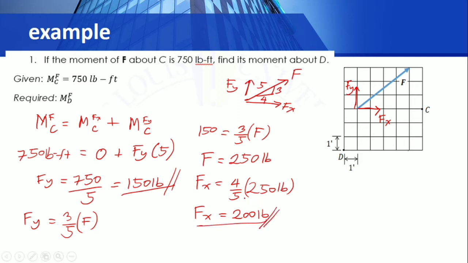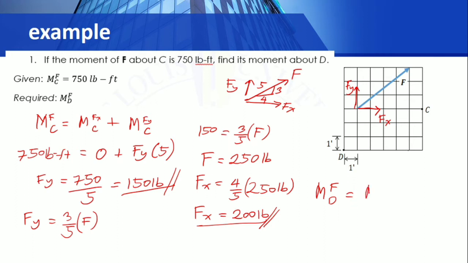So, sabi natin sa Varignon's theorem is yung component nito is the same yung moment ng force F at yung summation ng component niya about D. So, yung magiging equation natin, that will be moment of force about D is equal to yung summation ng ating components, x and y components.